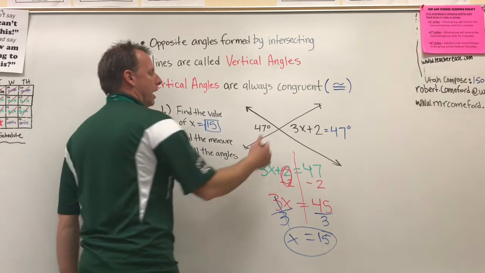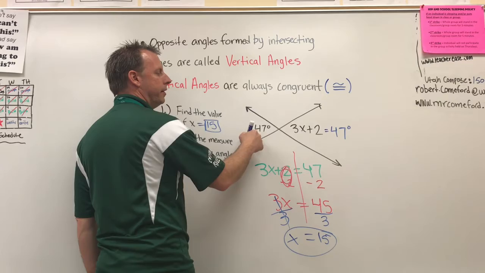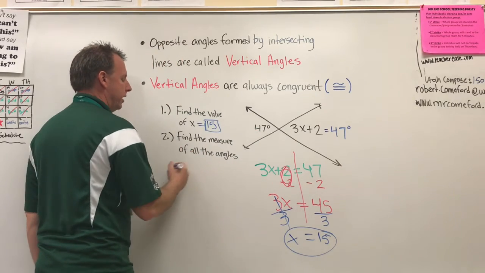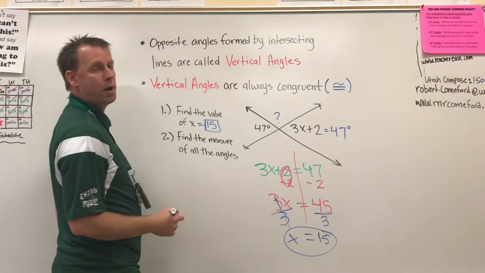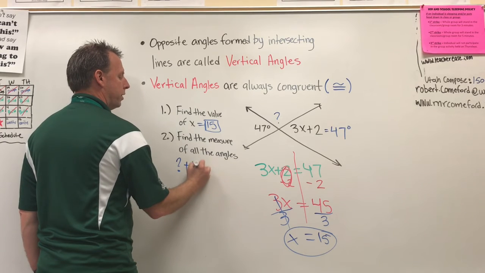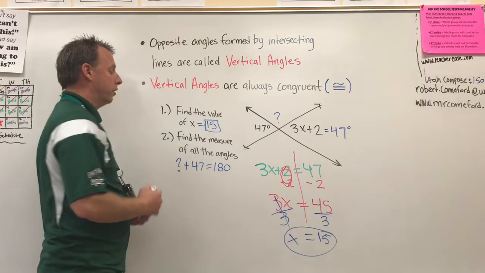And so I know that this plus 47 has to equal 180. I'm going to write that out so that you can see it. I know that this missing piece, we'll call it question mark. Question mark plus 47 is supposed to equal 180 degrees.